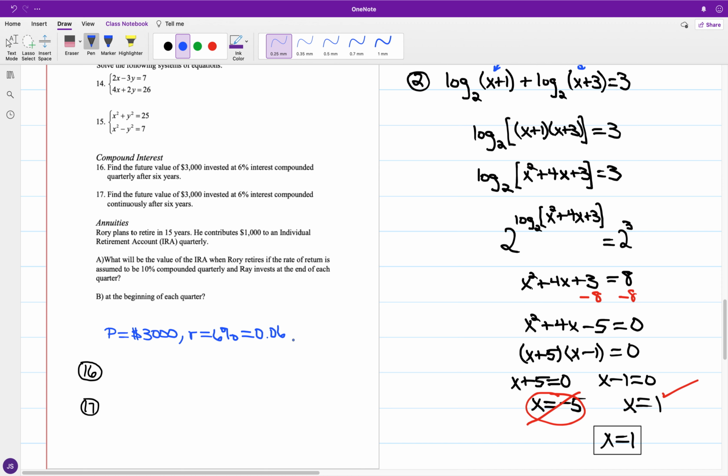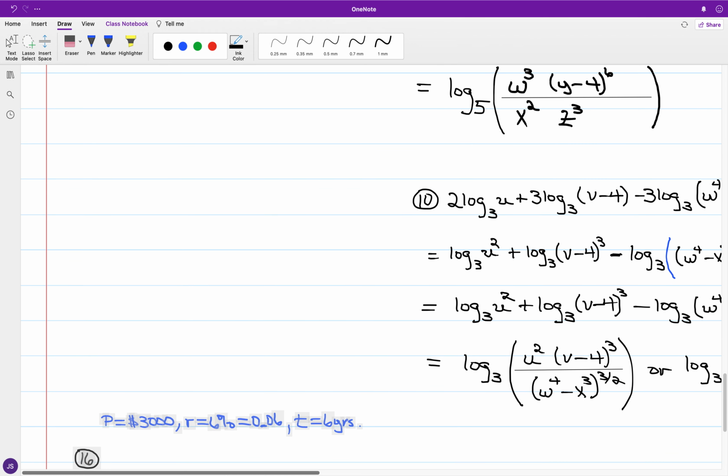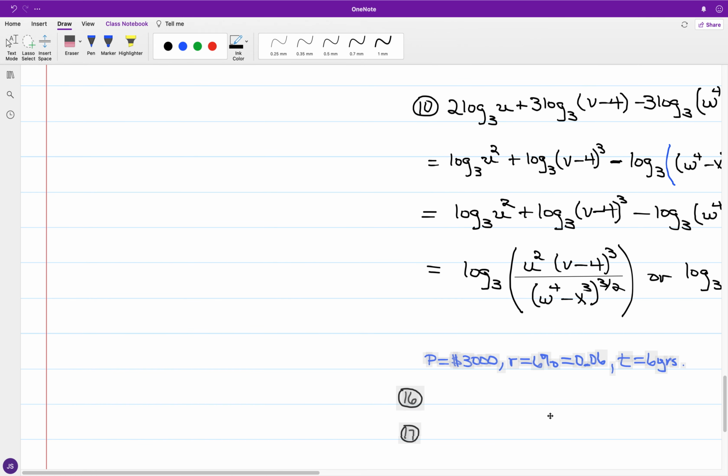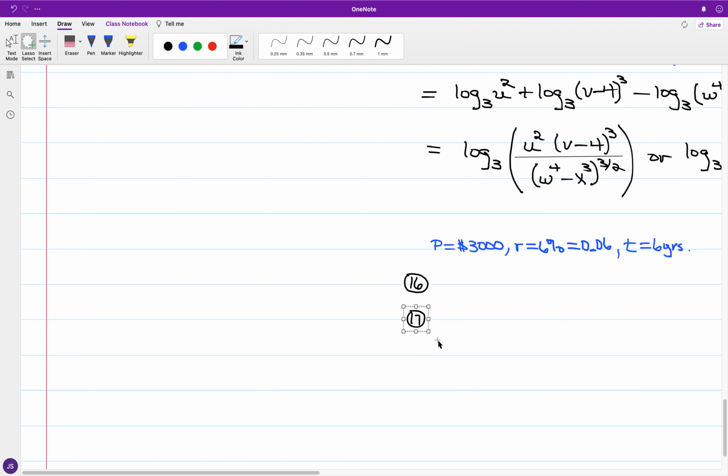The time span in both situations is 6 years. In 16 you're looking at quarterly compounding, and for 17 you're looking at continuous compounding. Okay, so just creating a bit of a backdrop.